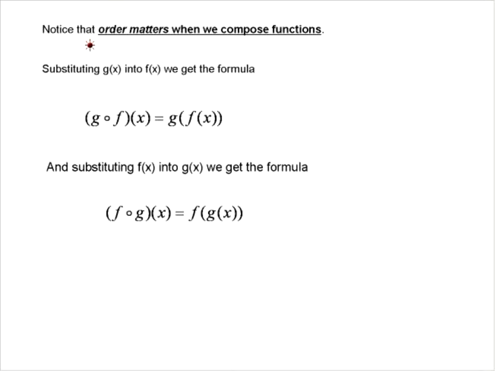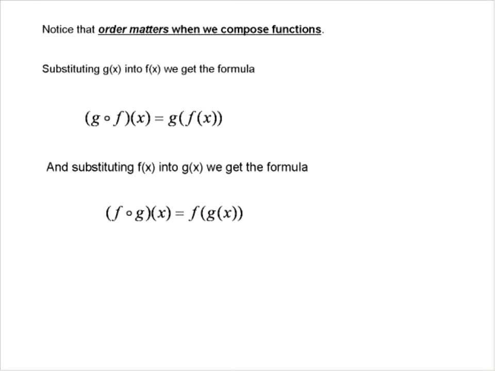So when we look at that, what matters? Order matters. So if we have g of f of x, remember we write that as wherever there's an x in g, we replace it with f of x. And f of g of x is where there's an x in f, we replace it with g of x.